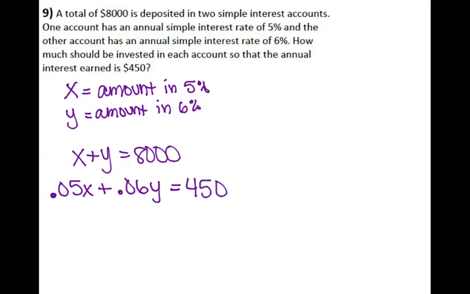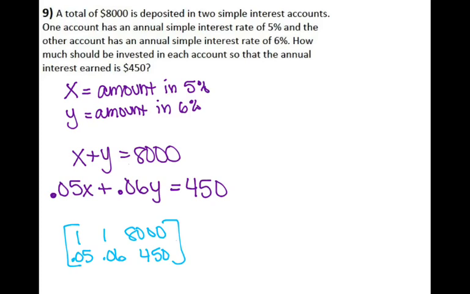So again, you can put this into the calculator. So 8,000, 0.05, 0.06, 450, because it's the fastest way to do it. And we're all about being efficient. Just make sure you type it in the calculator correctly.